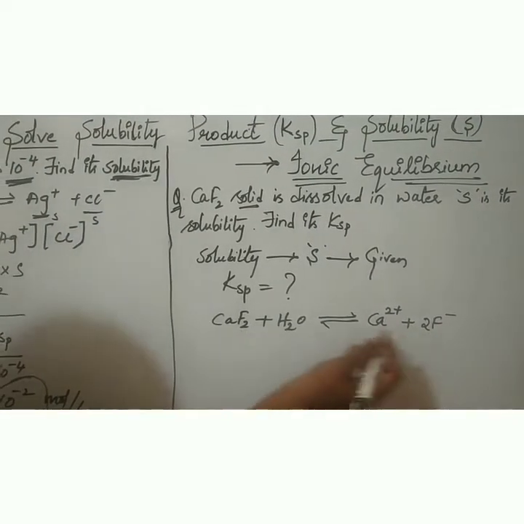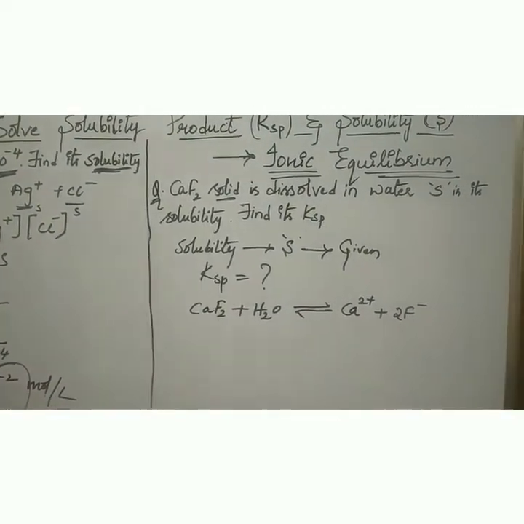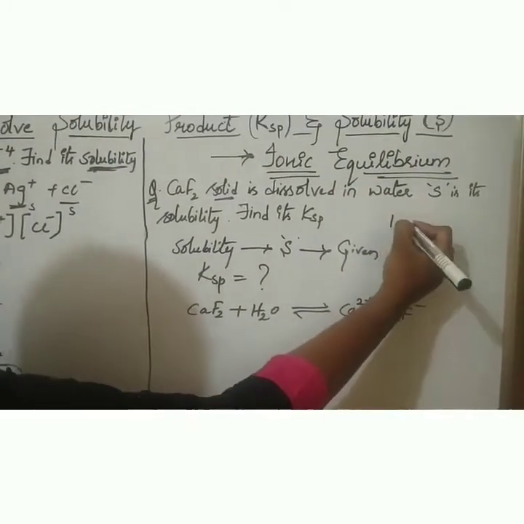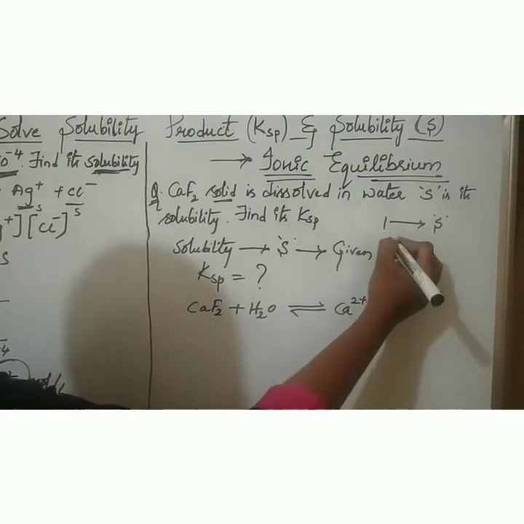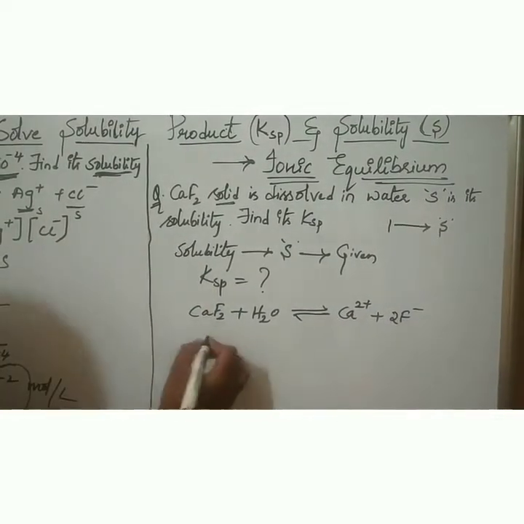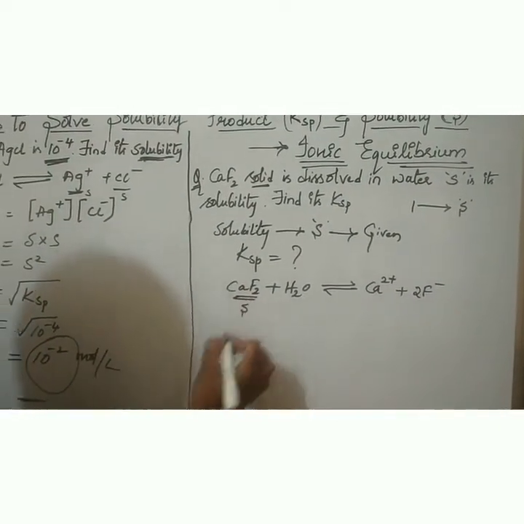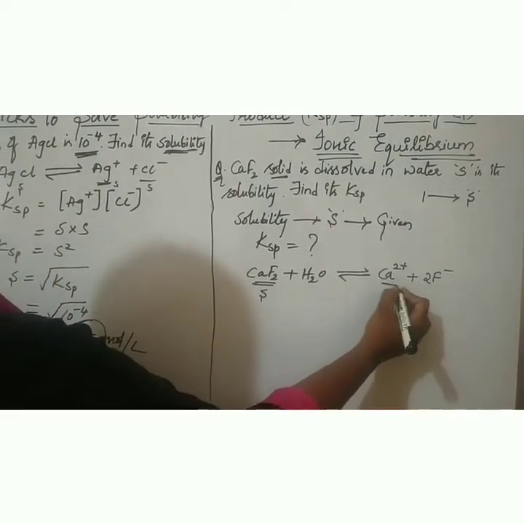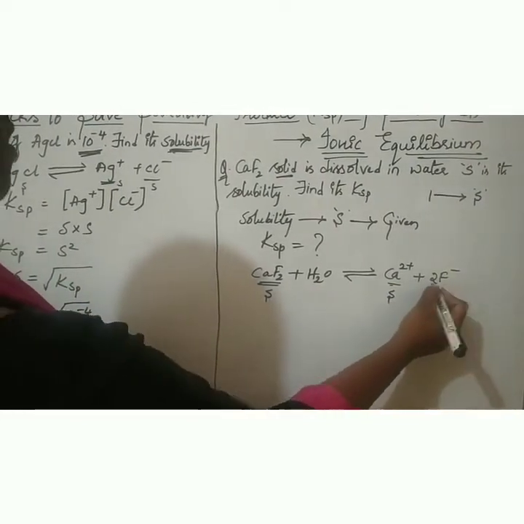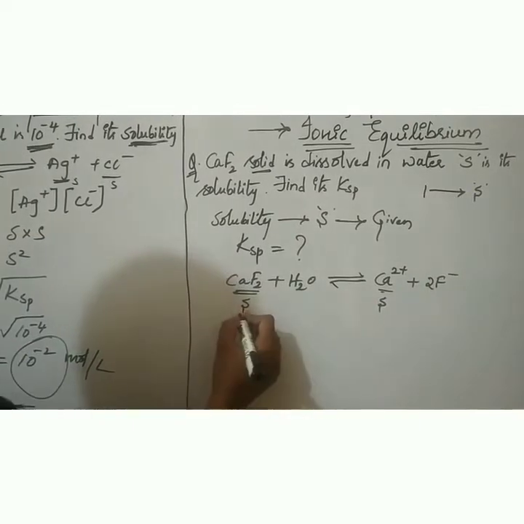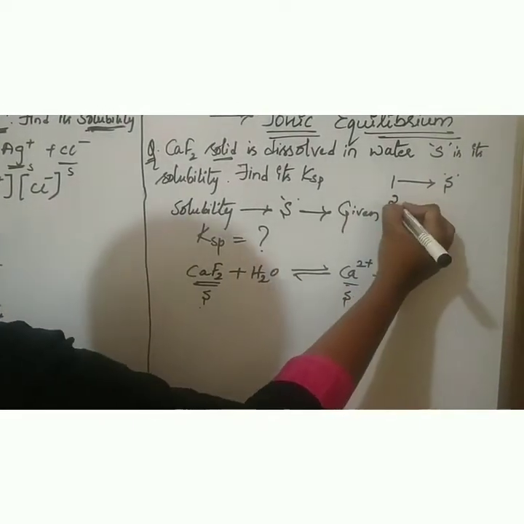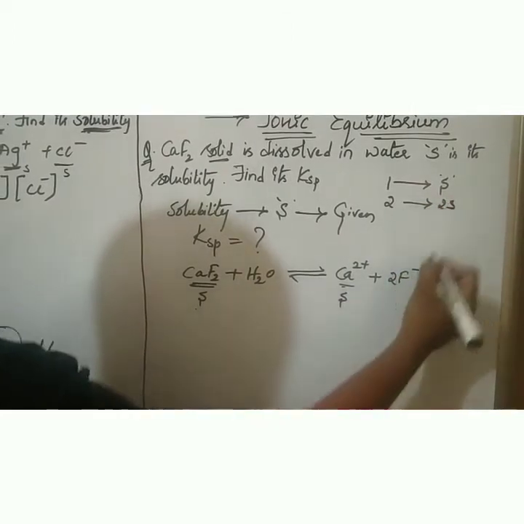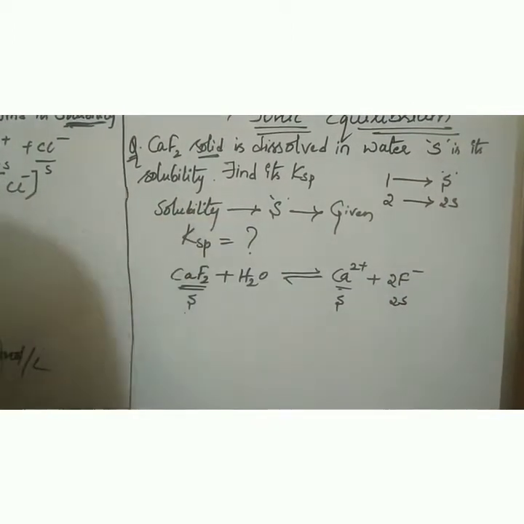How many moles? 2 moles of F minus. So see here, 1 mole dissociates, S. Here also, if 1 mole is there, S, then for 2 moles, that is 2S. You can write here 2S.